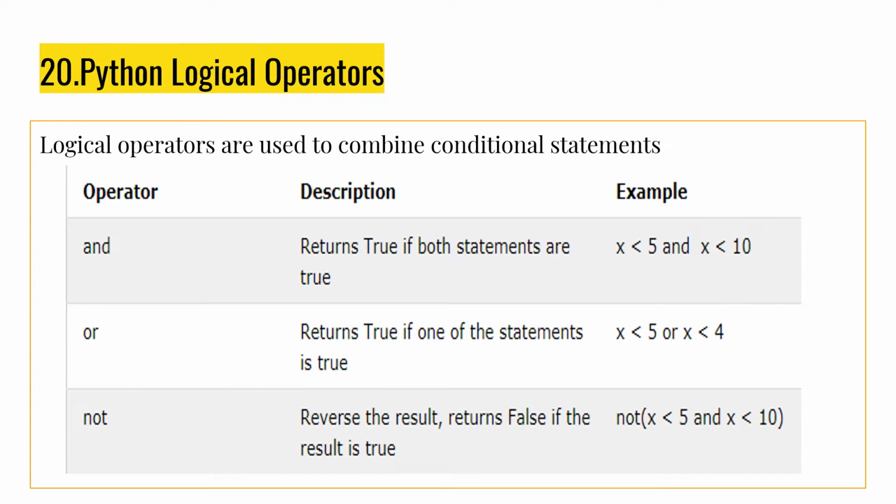It will return false only when both sides, a and b, are false. And not is simply a complement. Whatever you give, it just flips. If you give a true, it will flip into false, and if you give a false value, it will flip into true.